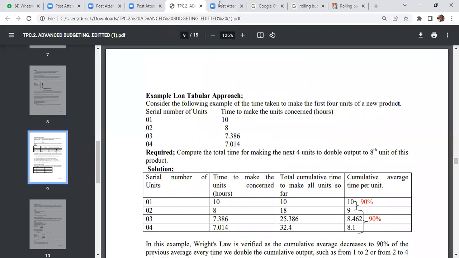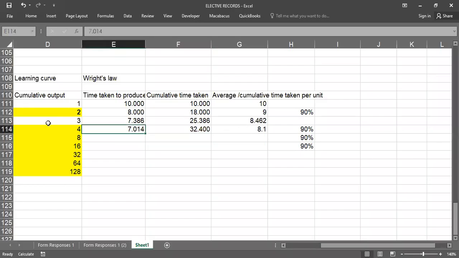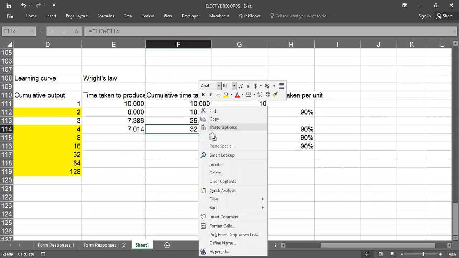So what we're sure of is that for us to produce these 4 units, cumulative total, we need 32.4 hours. If the minutes, you need 32.4 hours.